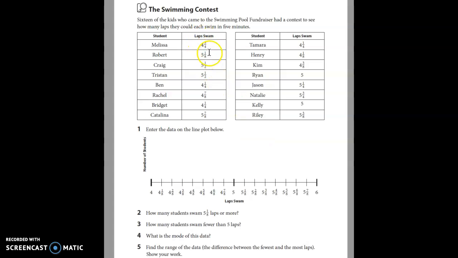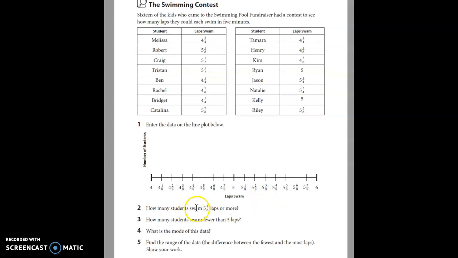Up here, you have some fourths, some halves, and eighths. For the ones in fourths and halves, you are going to need to convert that. Like 3/4 is how many eighths, 1/2 is how many eighths, to know where to put them on the line plot.